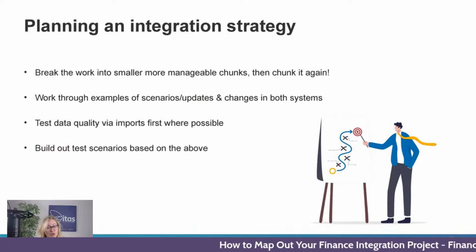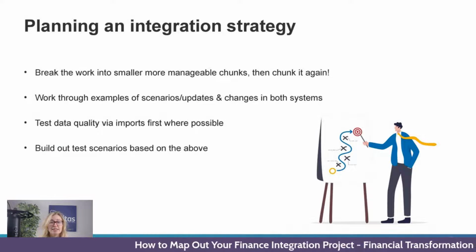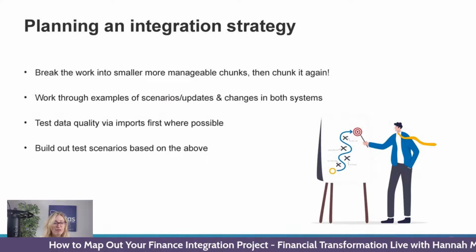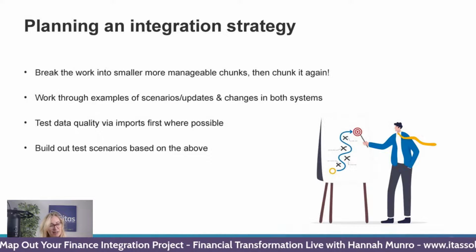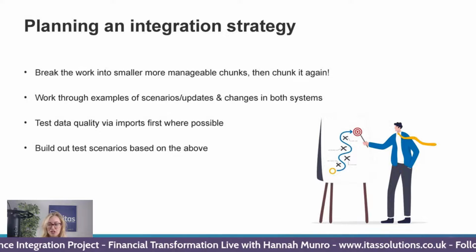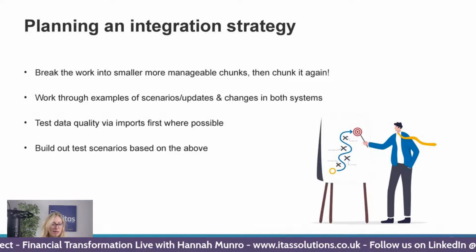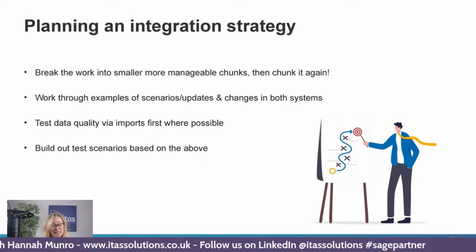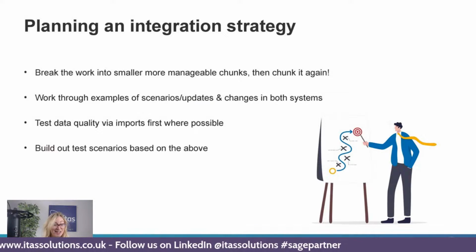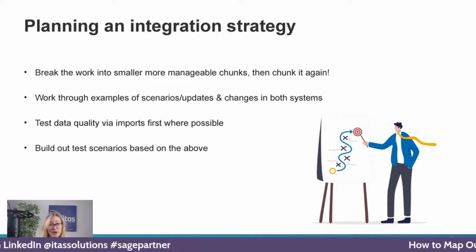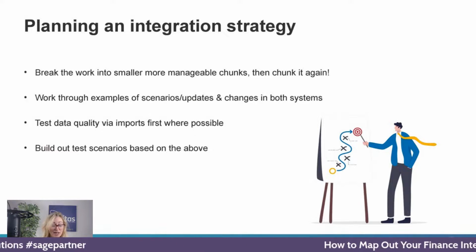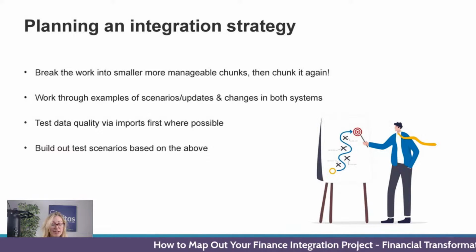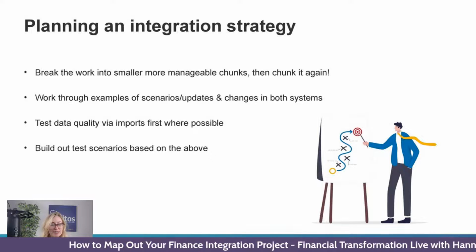And wherever possible, especially if you've already got a system in place, always run almost not a testing phase, but a phase in which you import data from system to system manually first, before you get your devs to start building, assuming that you've got exports for both systems. The reason I say it is that it's a really good way to test data validation and to get ideas on where to validate, because it's a lot easier to quickly go through and go, right, this has fallen over on this, this, and this.